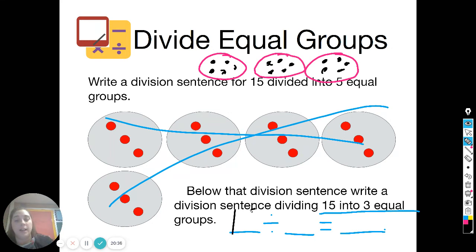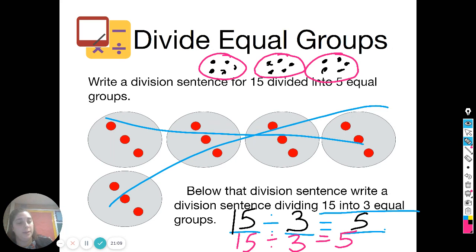So we took 15 dots, we divided them into 3 equal groups, and we ended up with 1, 2, 3, 4, 5 dots per group. 15 divided by 3 equals 5.